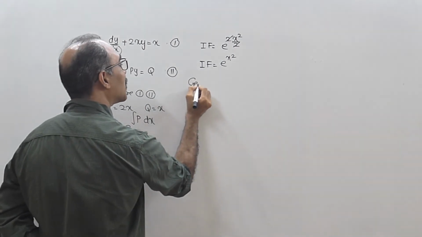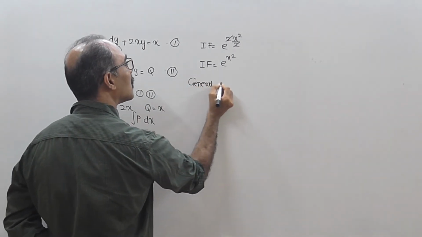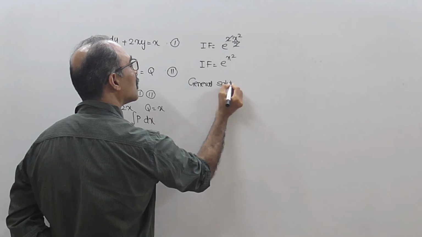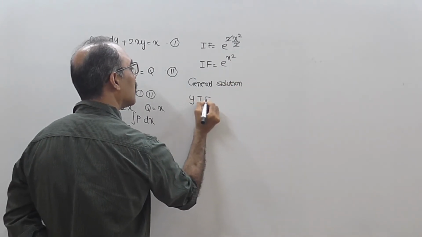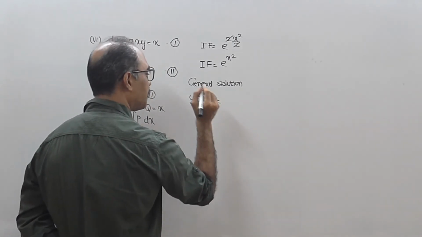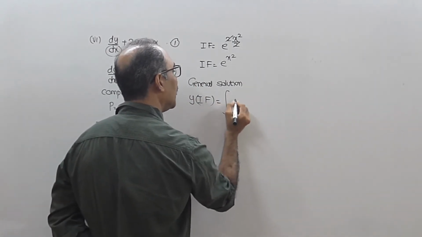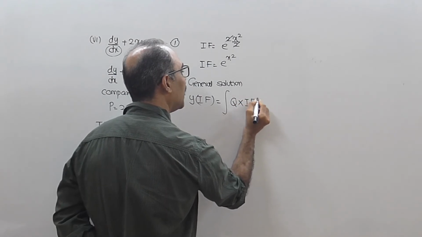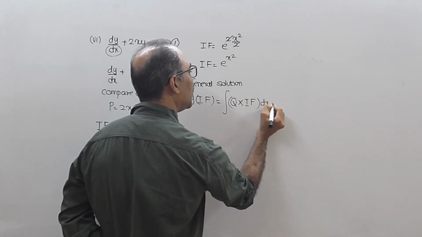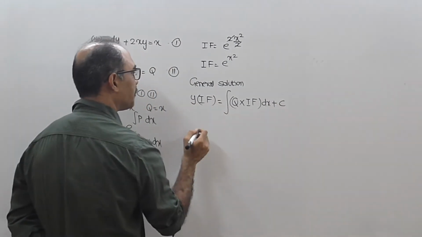Now my general solution is y into integrating factor equal to integration of q multiplied by integrating factor dx, plus c.